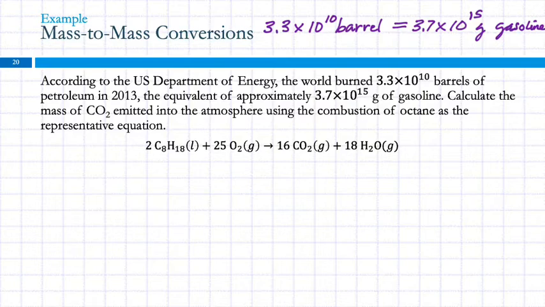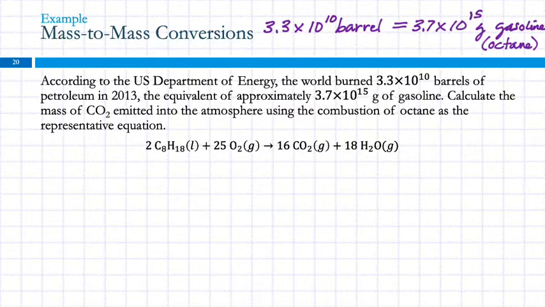One has more octane. So we don't have an exact chemical formula for gasoline, so we have to make an approximation. We're going to pretend that all the gasoline was octane for the purposes of doing this calculation. It's a good estimate.